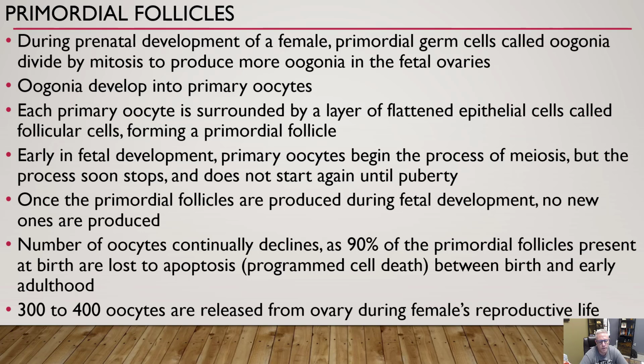So if females release 400 eggs, and it says 90% of them will be lost due to apoptosis, during fetal development you actually produce about 4,000 eggs. And then if you lose 90% of them, 4,000 minus 90% is going to be 400 eggs.